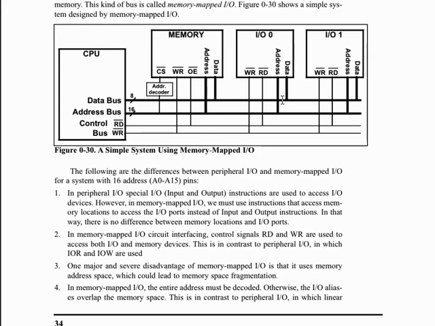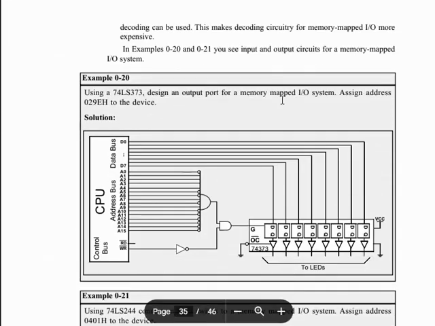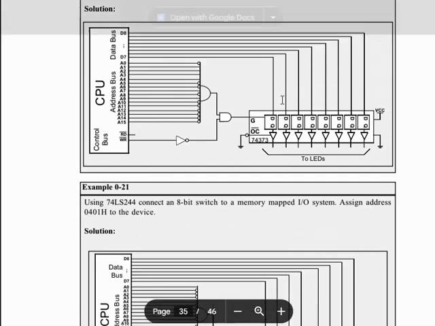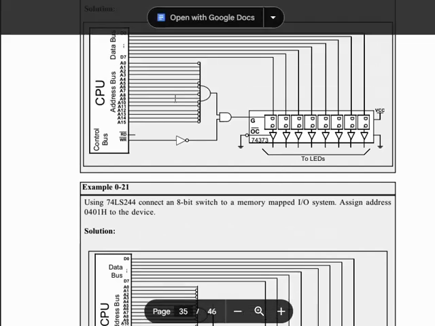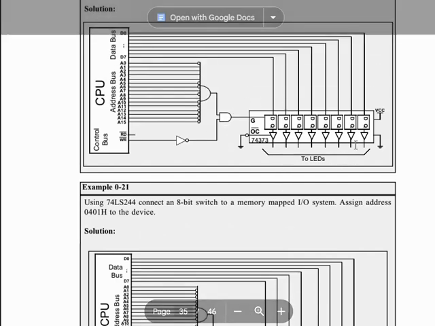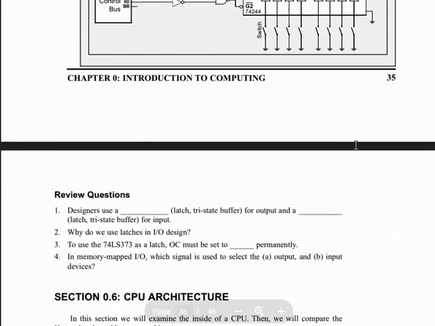Address space: memory mapped input output uses memory address space, potentially leading to fragmentation. Decoding: memory mapped input output requires full address decoding to avoid aliasing, making decoding circuitry more expensive. So here, the same thing, they are telling about the pins and how these LEDs are going to work after we attach gates to it.